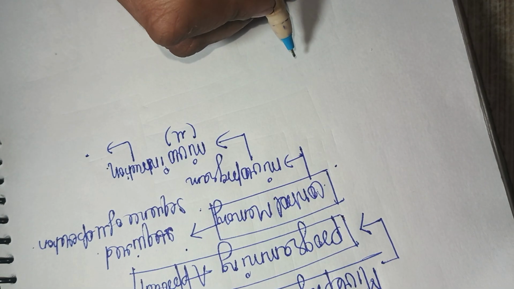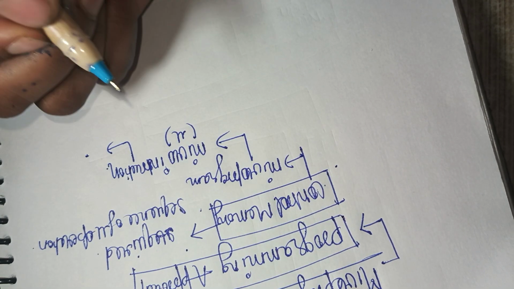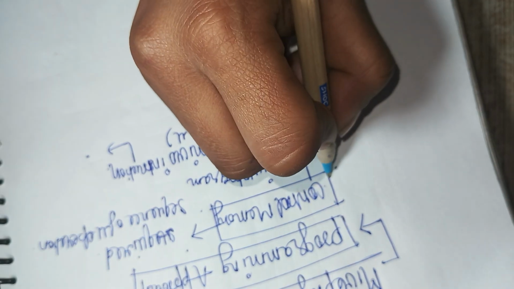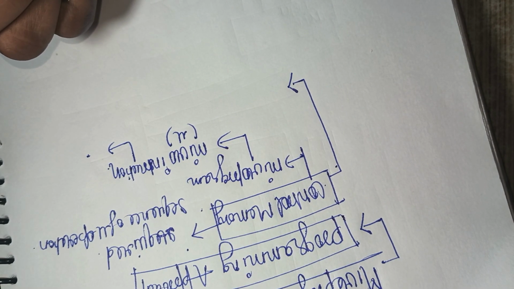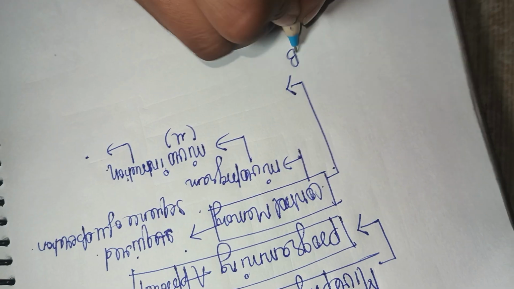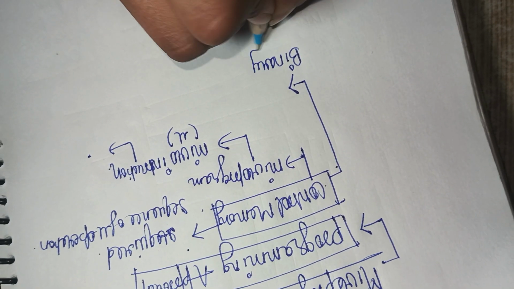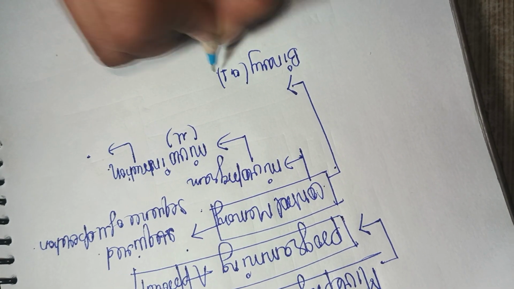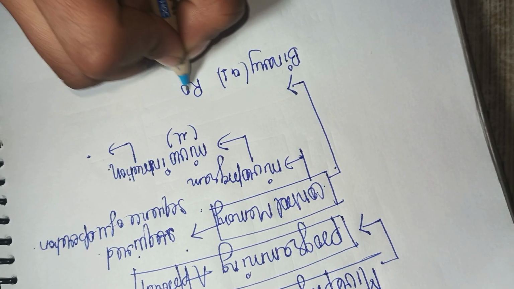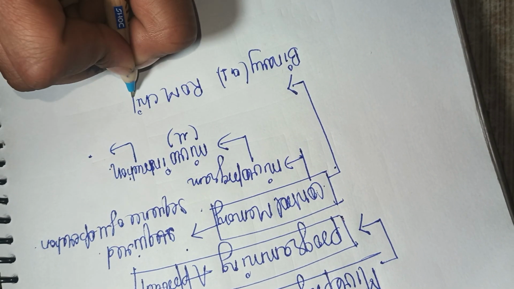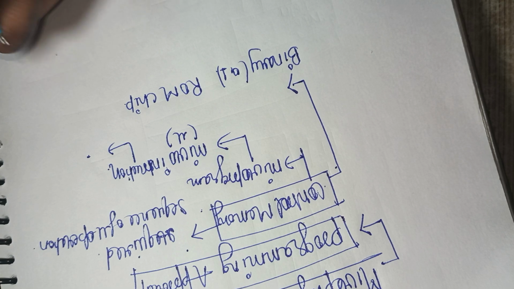The control signals in the control memory are stored in the form of binary, that is 0 and 1, as a control word in a ROM chip, which is called a control memory.